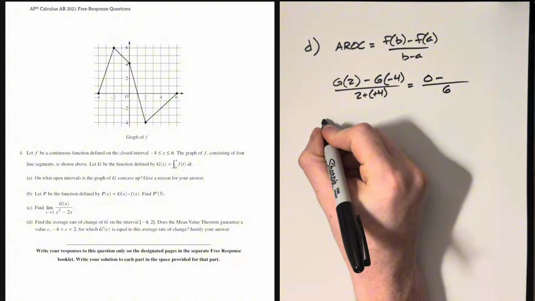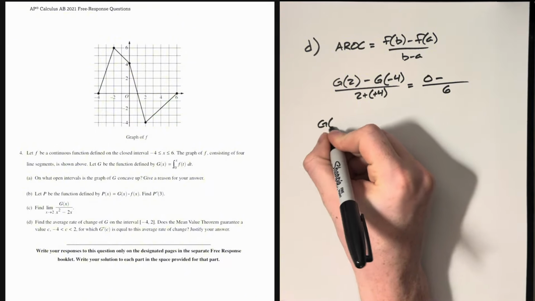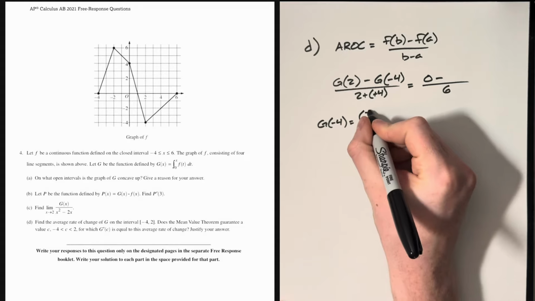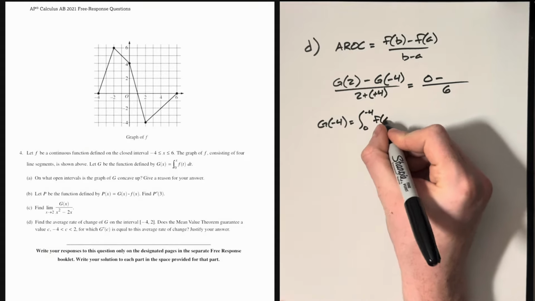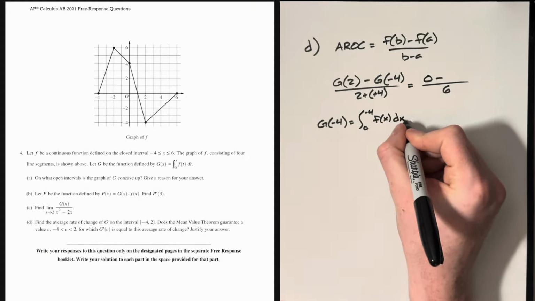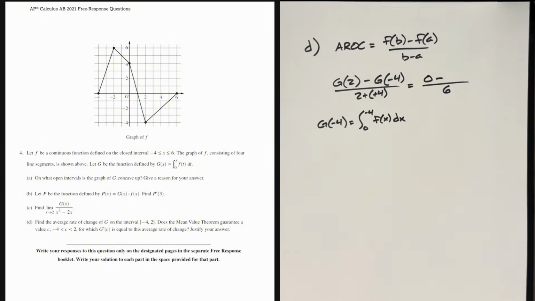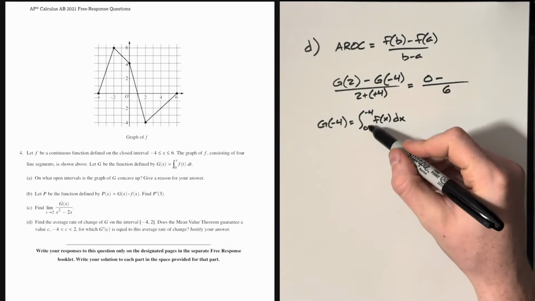Now, G of negative 4 is equal to the integral from 0 to negative 4 of f of x dx. And I know that definite integrals of this function, I can figure it out using the area under the curve. Now we got to be careful, right? These bounds are mixed.